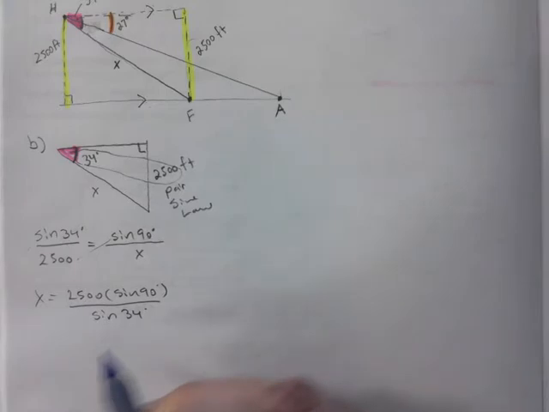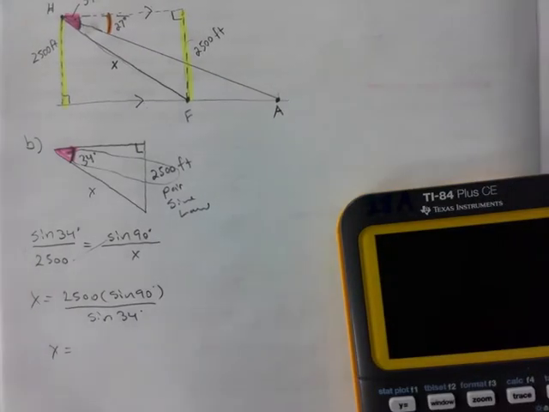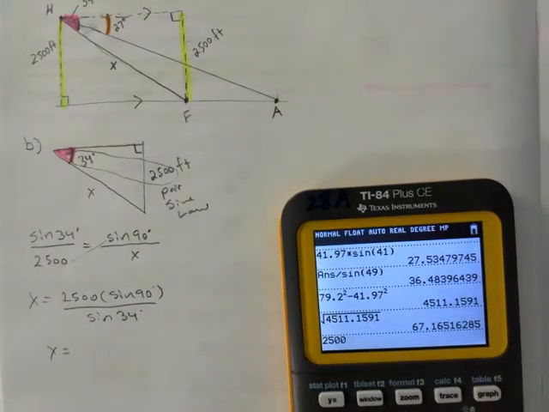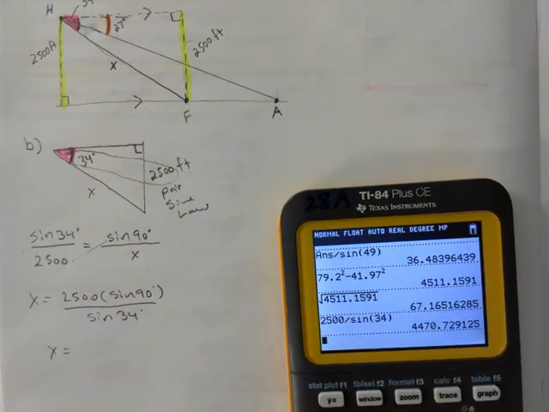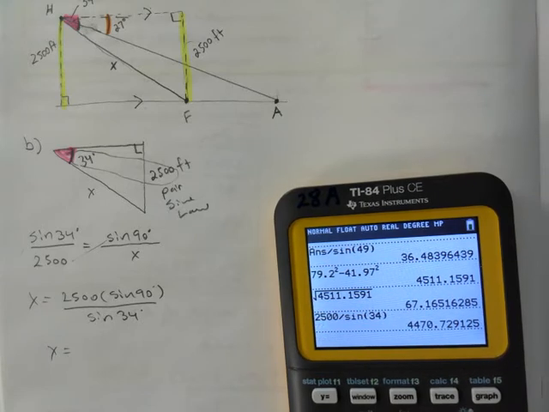2,500, I'm just going to go ahead and divide it by sine of 34. I'm not even going to bother multiplying it. So that's 4,470.73.